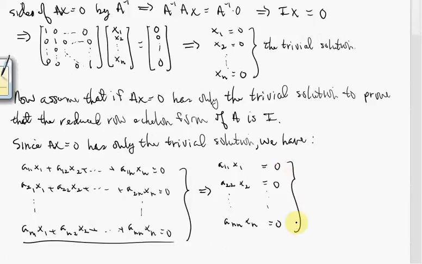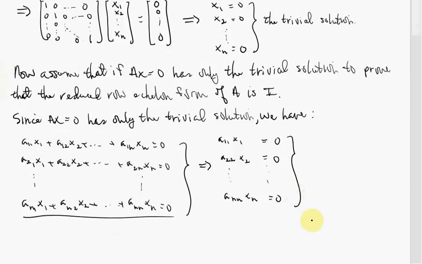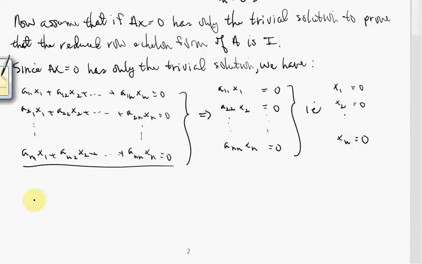Now, what is that? Well, this gives me the so-called trivial solution. That is, I have x sub 1 is equal to 0, x sub 2 equal to 0, and so on, x sub n equal to 0.